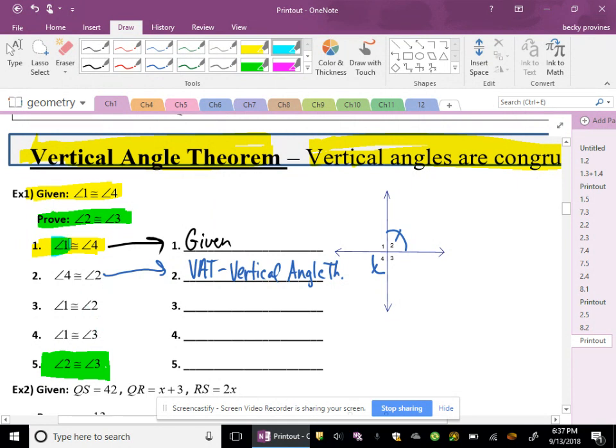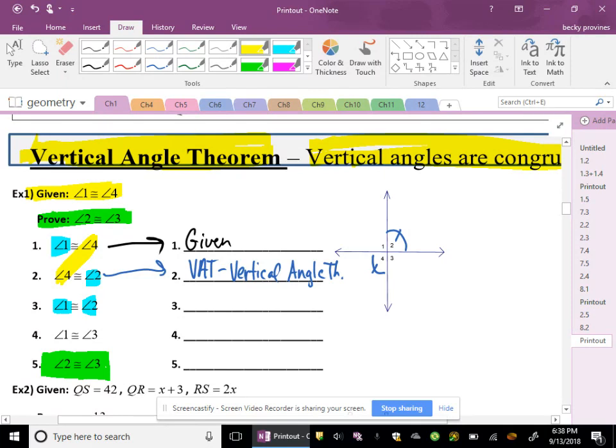In step number 1, we had angle 1. And in step number 2, we have angle 2. I want you guys to notice something. I'm going to erase this yellow there. Step 1 and step 2 both have something in common: they both have angle 4 in common.